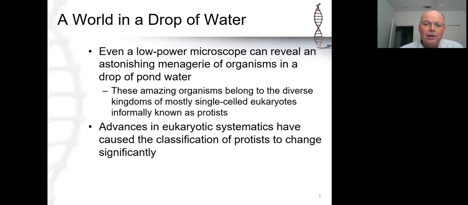Remember that under the phylocode, cladistics, the idea is to come up with a monophyletic clade. And the problem with the old kingdom Protista, with photosynthetic, non-photosynthetic, heterotrophic, and then a mixed bag of organisms called mixotrophic, which flip backwards and forwards between photosynthesis and heterotrophism, it was very difficult to imagine what a single common ancestor of this huge diversity of protists would be.